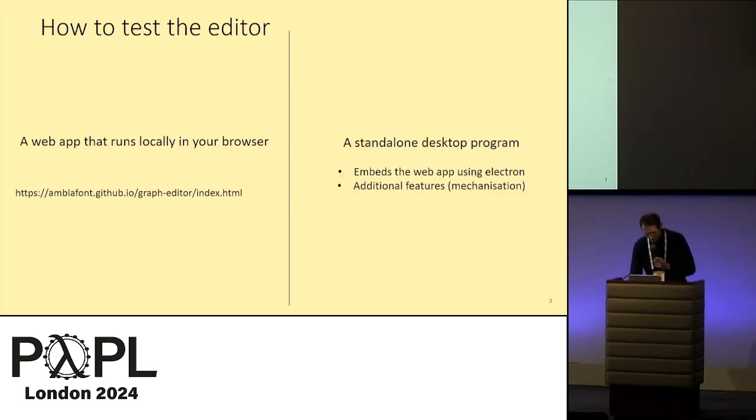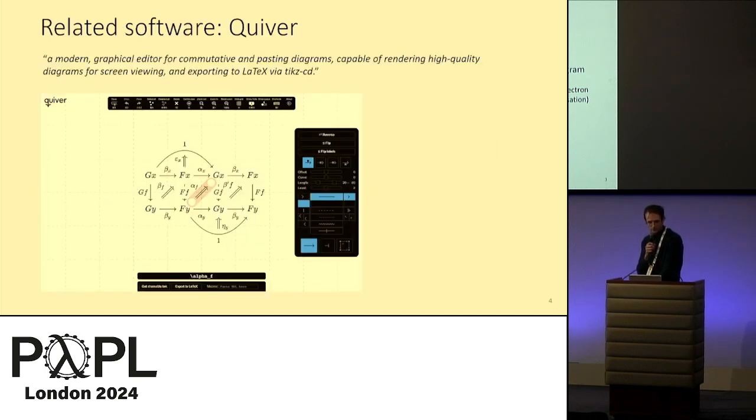There is also a standalone desktop version which embeds the web app using Electron, and this standalone version comes with a mechanization feature that I'm going to describe in the following. But before that, I want to mention Quiver, which is another software for editing diagrams. It also runs in your browser, so it's quite nice.